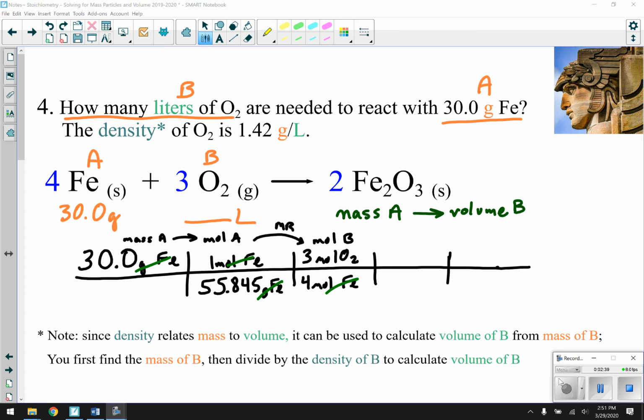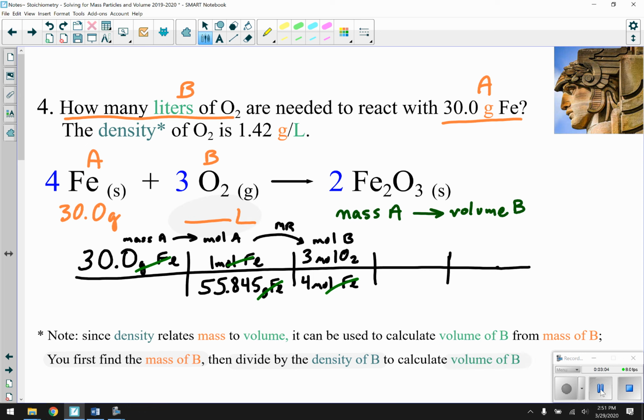To find volume, we look down below here. What we're first going to do, and it's kind of a neat trick that has to do with the way density works, is find the mass of B. And if you remember the density equation, all we really have to do then is divide by the density of substance B, and we'll see how that gets us volume of B, which is our desired quantity.